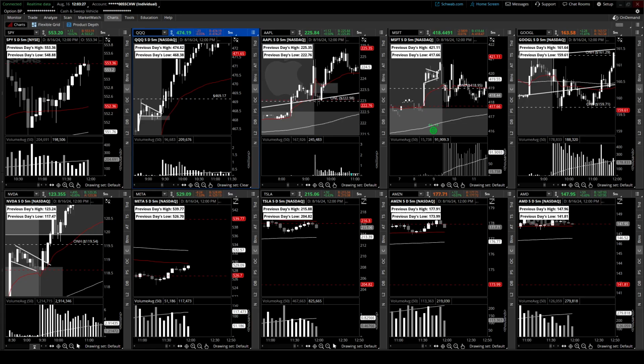If you take a look at the individuals, what type of structure are we getting in terms of these names? Well, we see here that Apple did end up getting a break below VWAP, but what are we back testing right here? We're getting a back test of previous high of day, right? So what is this going to tell us?